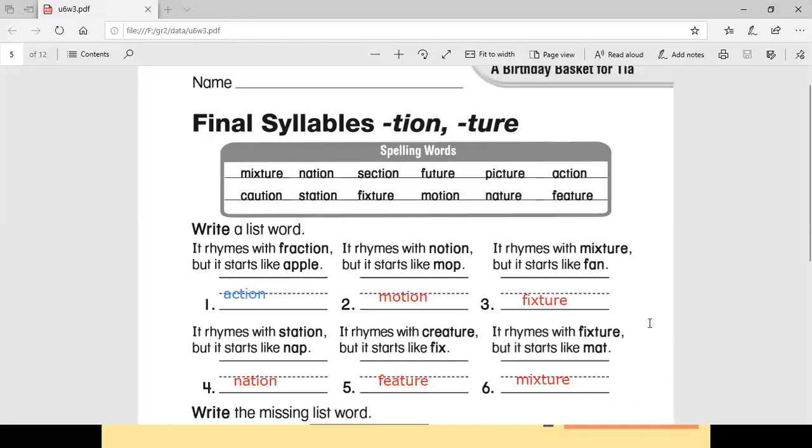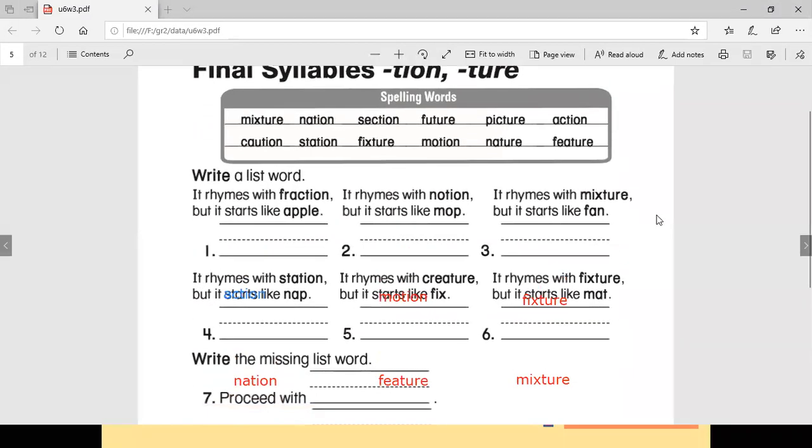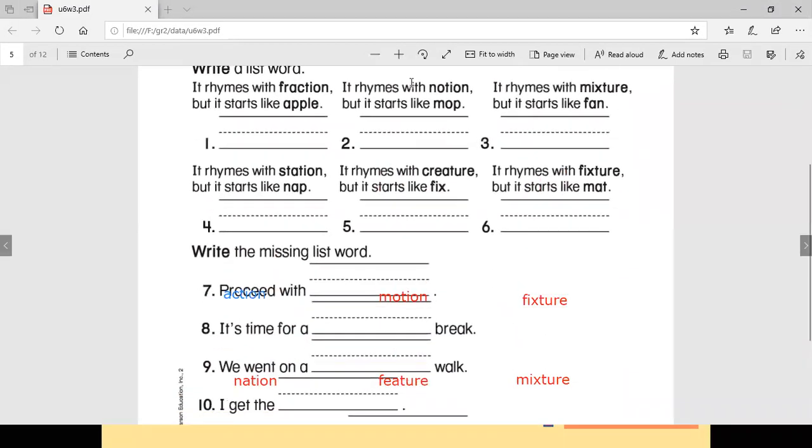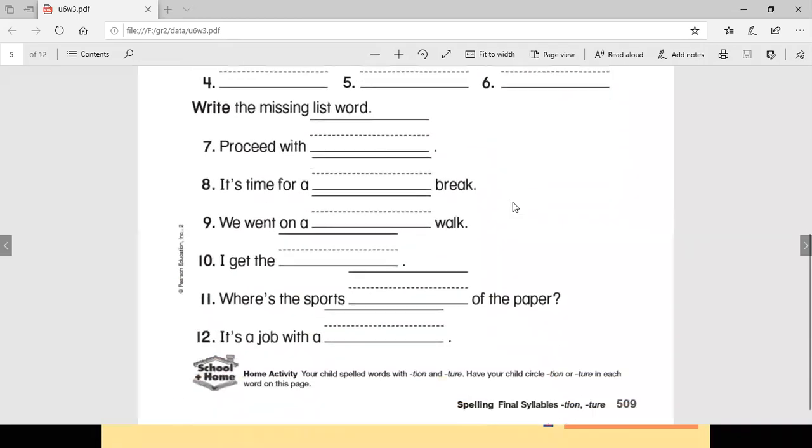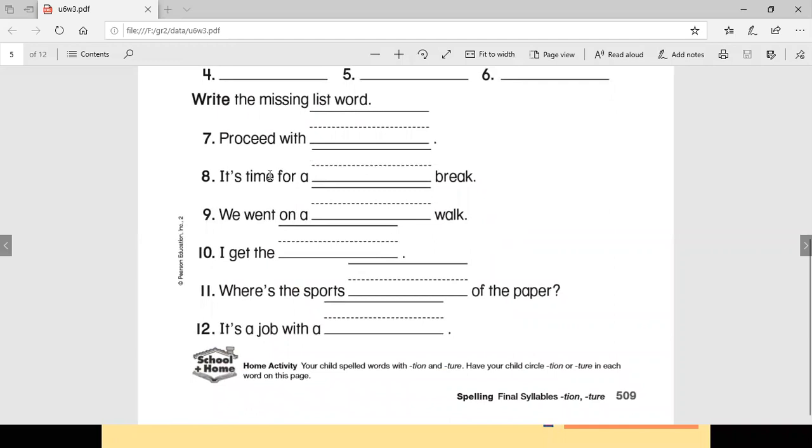Okay, here we go to the second question. Now, question number 7.